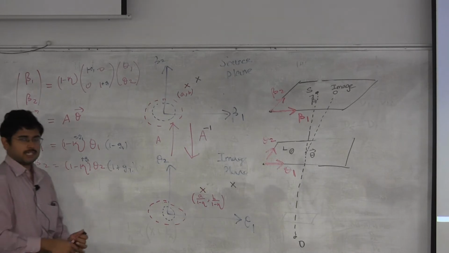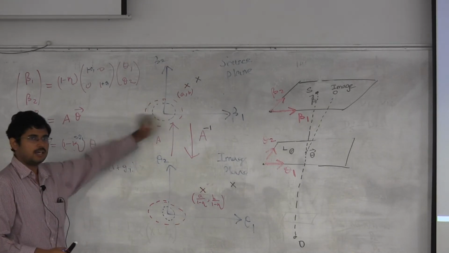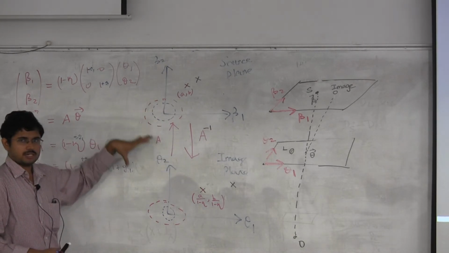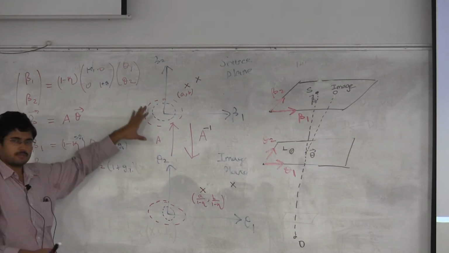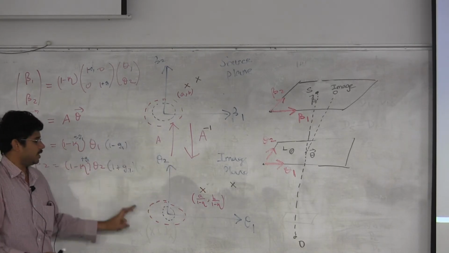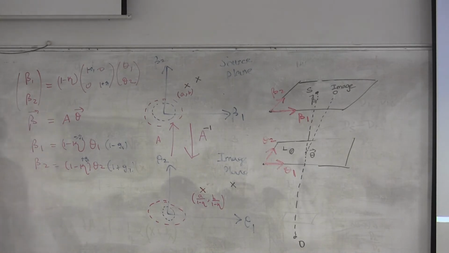So that's what the shear does. It takes an object, it distorts the object. The kappa term does a size magnification. It can make the size bigger or smaller, but it doesn't change the shape. The G1 term changes the shape, and the G2 term will also change the shape, and we'll see how exactly it looks.